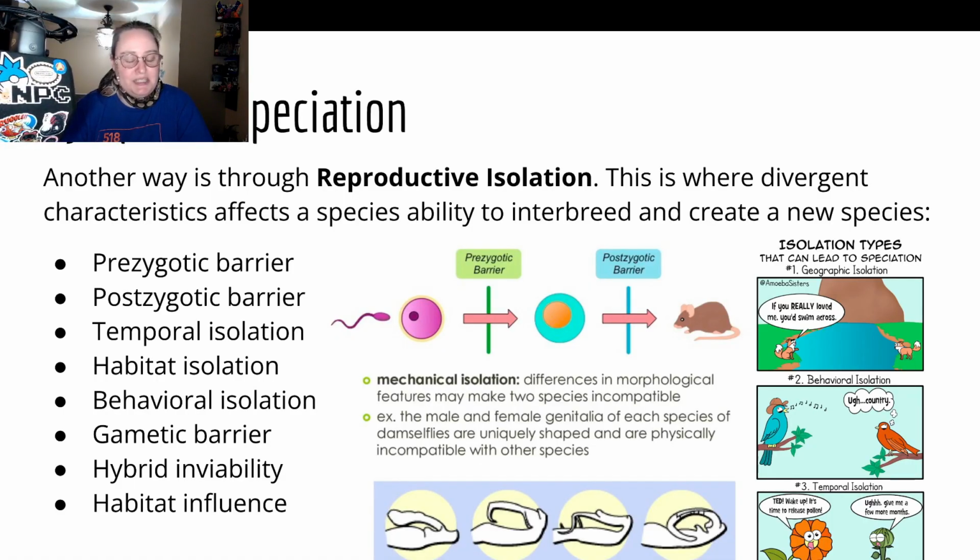Anyway, so habitat influence. Again, there's a lot of habitat influence. Things like heat or temperature can really mess with things. My favorite is with fish. When I was going to Western Carolina University, they were doing some really groundbreaking experiments by heat zapping fish eggs to change the entire batch into male or female.